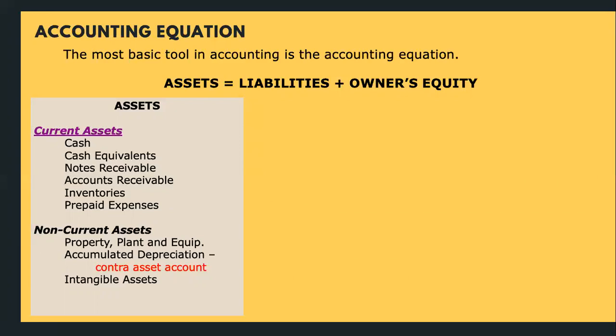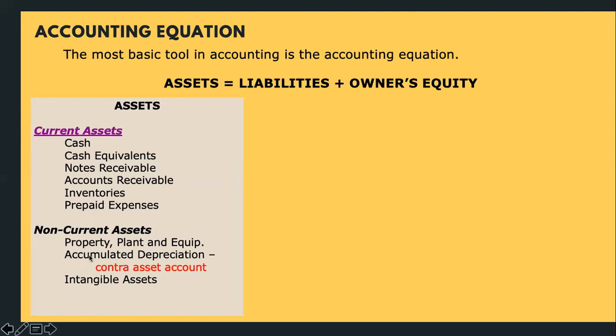Example, rentals. In the first month, you already paid good for 1 year. So you made an advance payment for 12 months or 1 year of your rentals. Therefore, on your part, that is considered as prepaid expenses or prepaid rental. So that is an asset account, not an expense account.